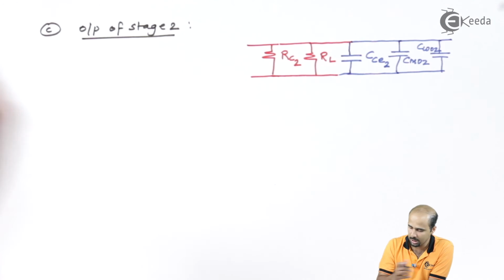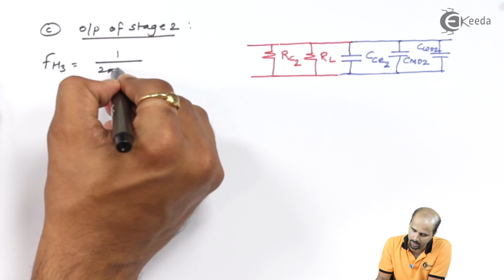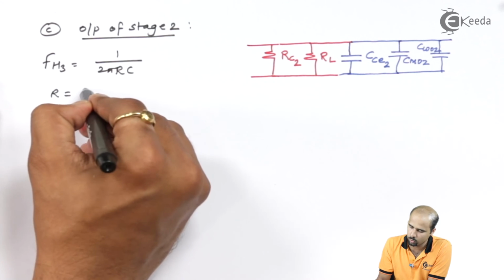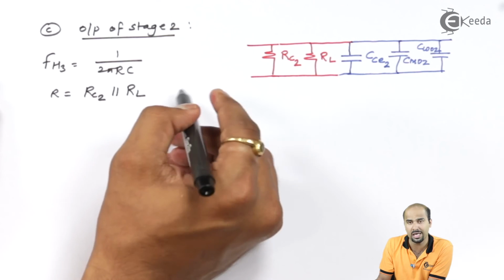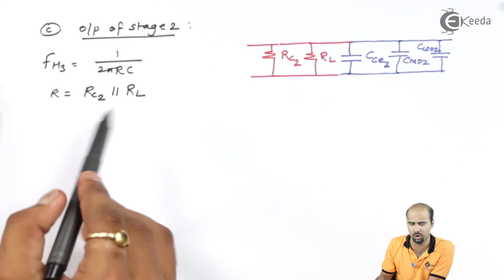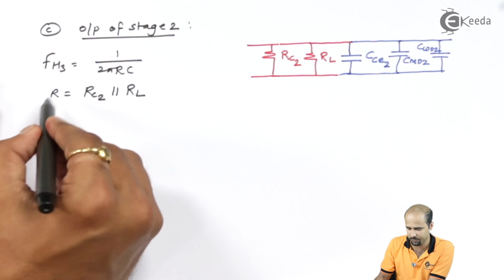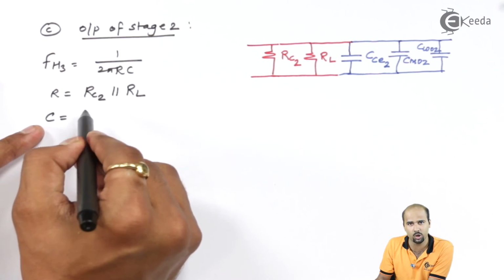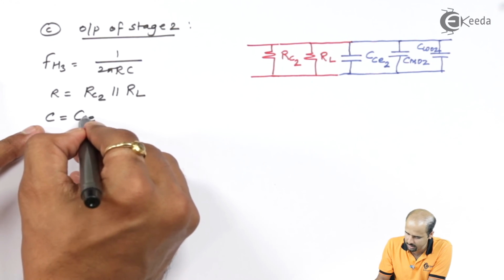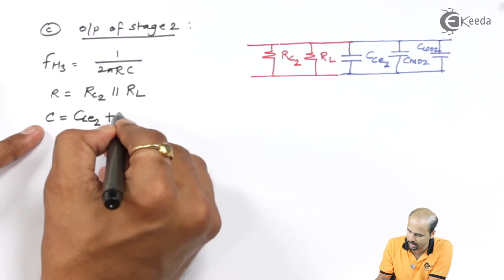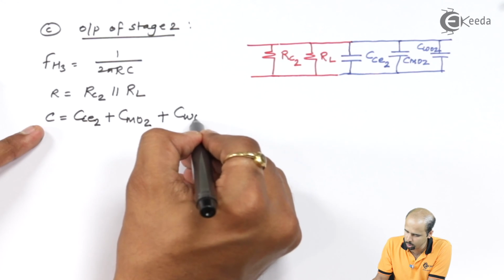in parallel combination. So simple, FH3 will be 1 upon 2 pi RC. R is equal to, what will be the value of R? R is equal to RC2 parallel to RL. If RL is not given, discard that value of RL, then only RC2 will be there in the value of R. Okay, so when we are taking value of C, C is nothing but CCE2 plus CMO2 plus CWO2.